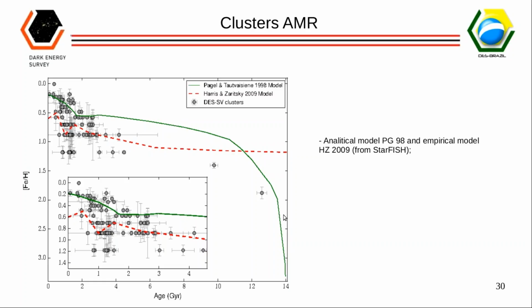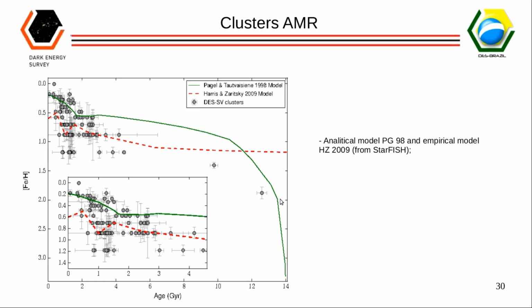We can see that the older clusters, here we have the Reticulum cluster and a cluster listed as ESO 121 SC03, tend to agree better with the Pagel and Tautvaisiene 1998 model.